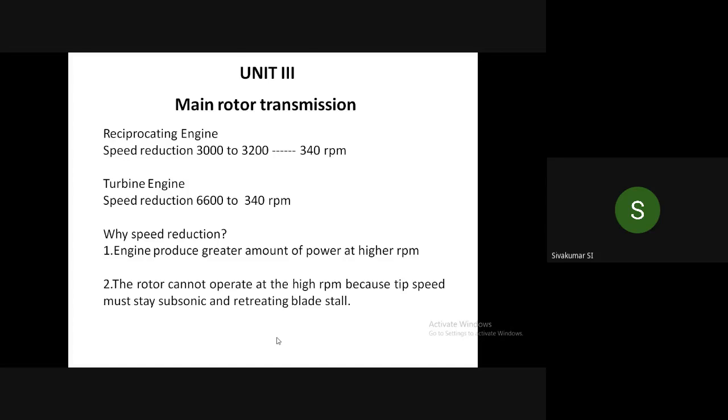More torque is not required for starting this turboshaft engine because we want to rotate only the power turbine, not the free turbine, because the free turbine has some clearance from the power turbine. So the torque required for starting is also less in the case of the turboshaft engine. The free turbine is able to rotate the main rotor through the transmission system.